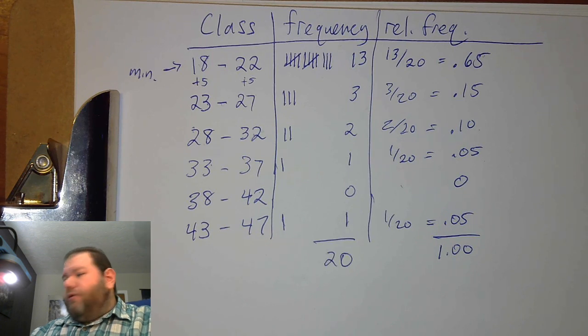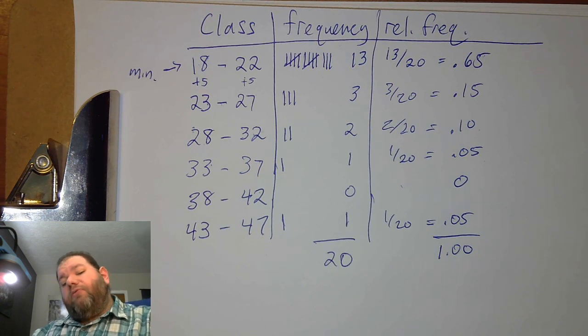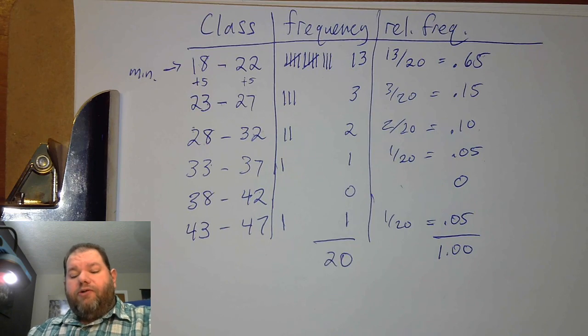Now, we're talking about displays and how we would display different types of quantitative data in this section 2.2. One of the things that might make this easier is what's called a stem and leaf chart.